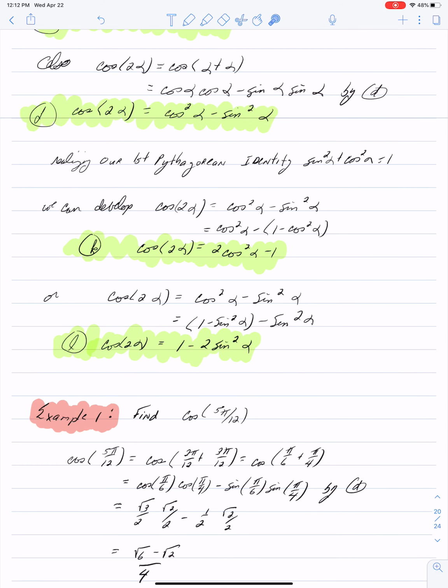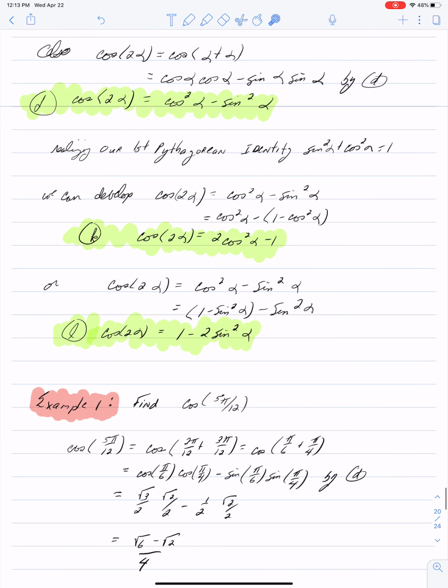Now I could take the same trick that I used up here, except instead of replacing the sine up here, I could replace the cosine. So cosine of 2 alpha is cosine squared alpha minus sine squared alpha, but cosine squared alpha is, by up here, 1 minus sine squared, so I put 1 minus sine squared here, minus another sine squared.